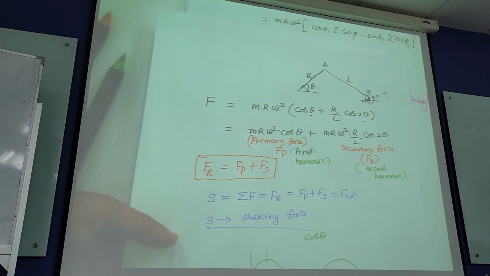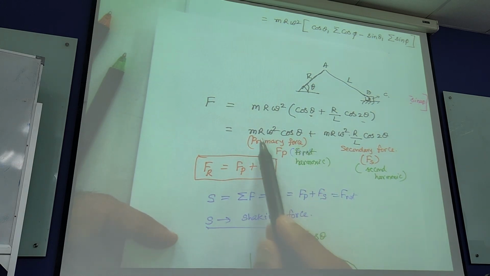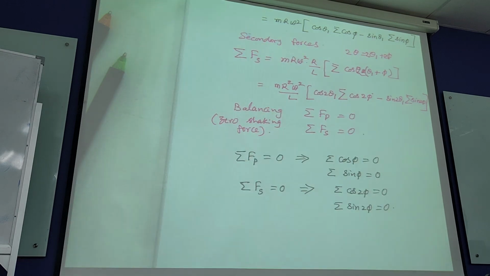So if you can design the inline engine in such a way that the sum of cosine phi and the sum of sine phi are 0, then the primary force will be 0. You can also make the cosine 2 phi summation and sine 2 phi summation 0, so the secondary force is also 0.